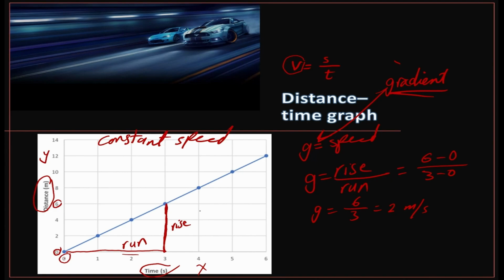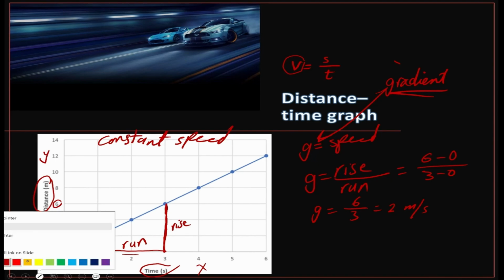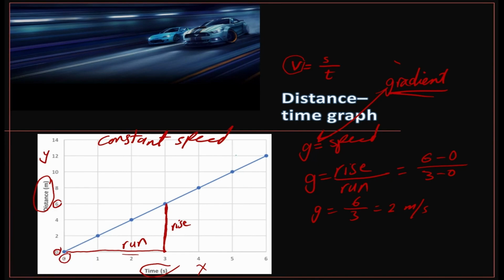Is it the same anywhere? Of course, yes. Look here. If we use these two values, for example, from this point and this point, look at this, only this. This is the rise, and this is the run. This rise is from where to where? From 8 to 10. So it equals 10 minus 8 over.